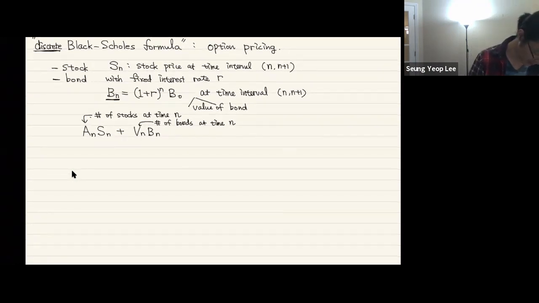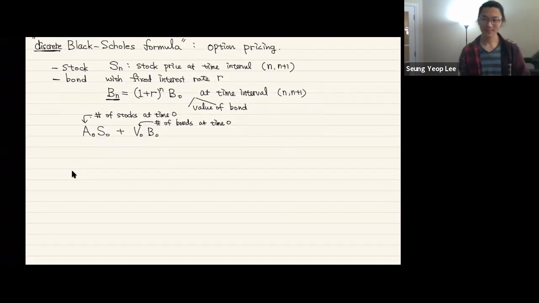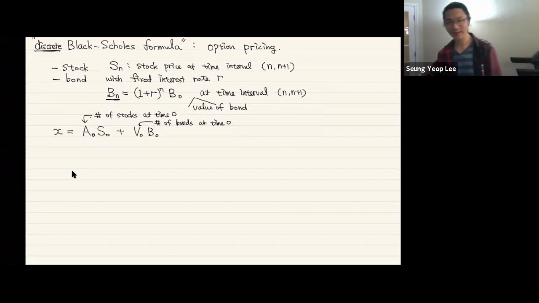You first buy bond and stock at time 0. You have some money X, so you buy a certain number of stocks and a certain number of bonds.